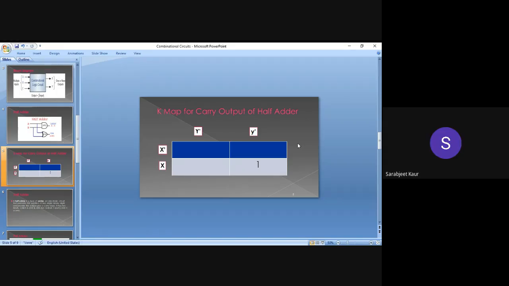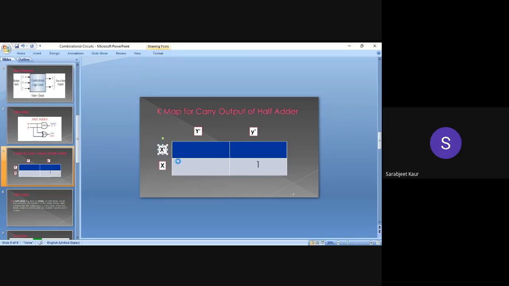We only got a one for the last input combination in the carry.